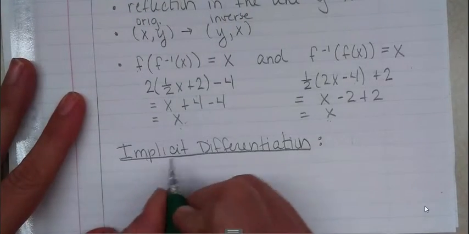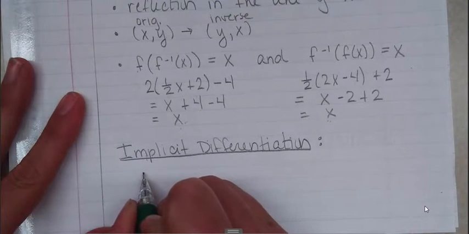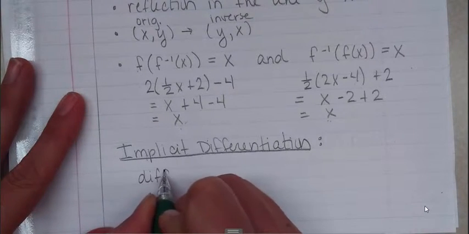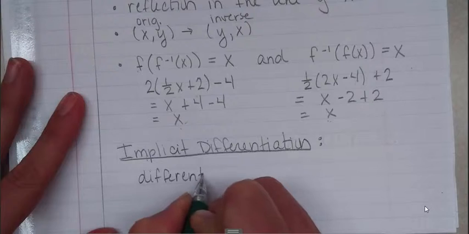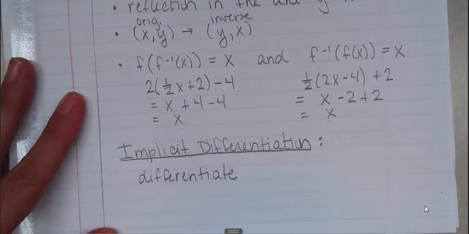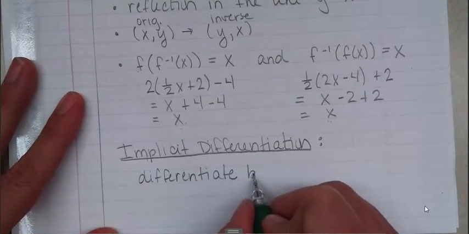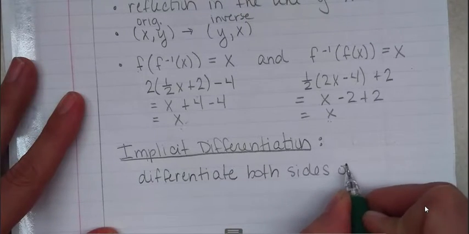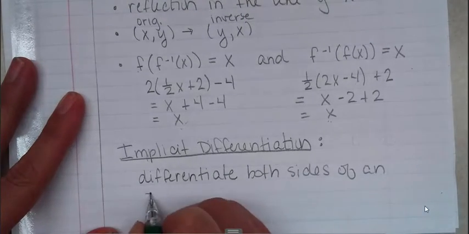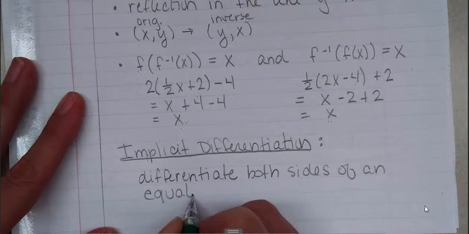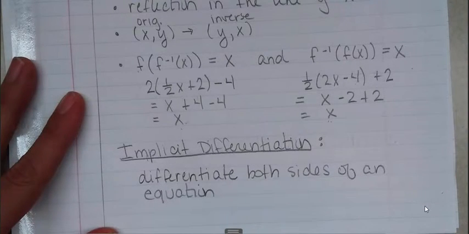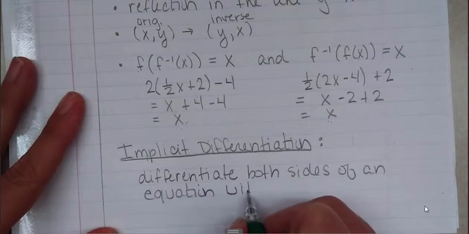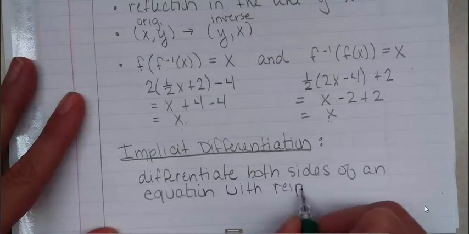So what you want to do when you do implicit differentiation is differentiate, or take the derivative of, both sides of an equation with respect to x.